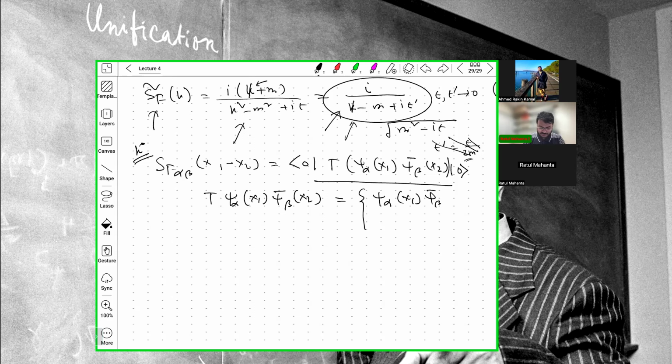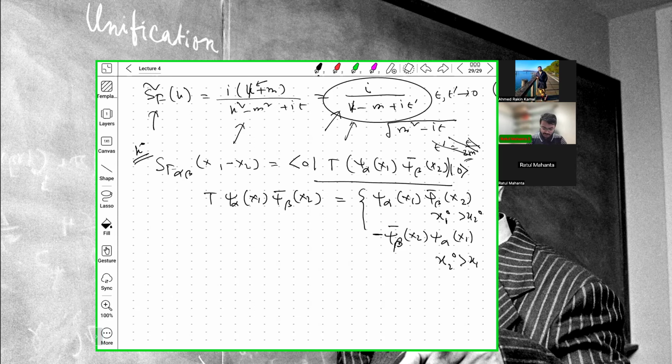So to relate with them, whenever x1^0 is greater than x2^0, the time ordering means this, and whenever x2^0 is greater than x1^0, it is the other order but with a minus sign because of the anti-commutation property.